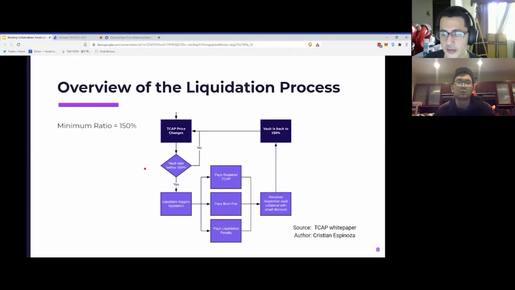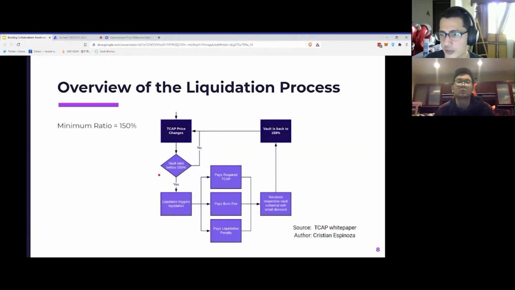What a liquidation event is, is that other people can pay your debt, and as a reward for trying to keep the vaults overcollateralized, they are going to earn some amount of your collateral.